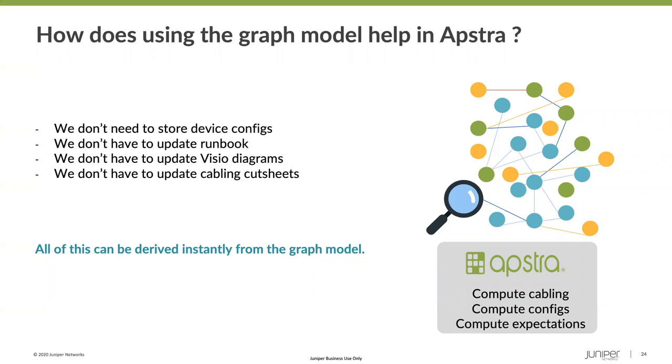And since this is the single source of truth, if we do any updates, that will be recorded by Apstra, so we don't have to do any runbooks and so forth. And that also goes for the Visio diagrams if you have them. Everything here is within the platform, so if you do changes, you will have that in the database.